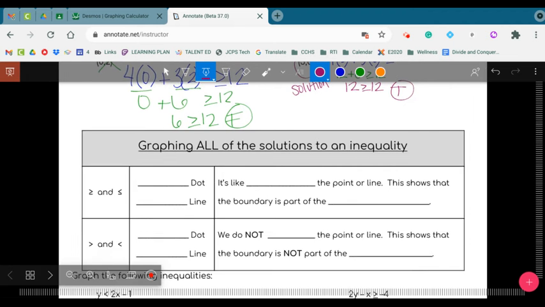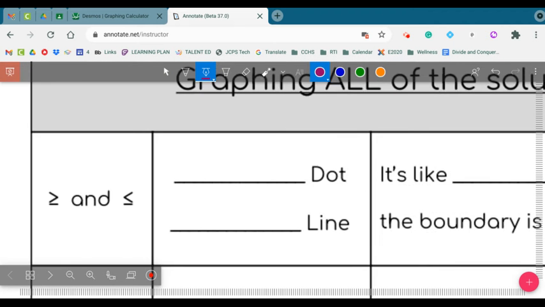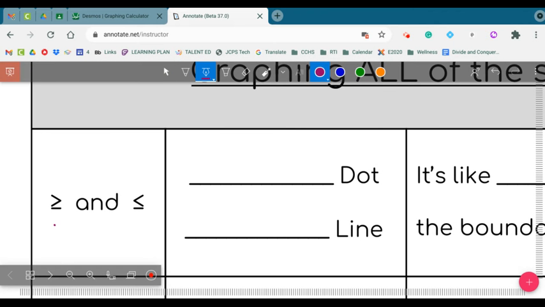So how are we going to graph these? If you have a greater than or equal to or a less than or equal to, so your line is underneath your inequality sign, you remember that it's a solid dot. This means it's going to be a solid line.